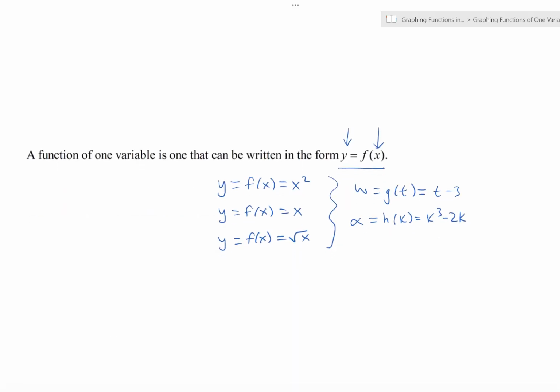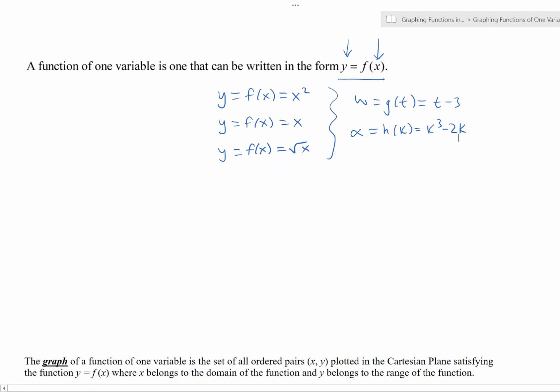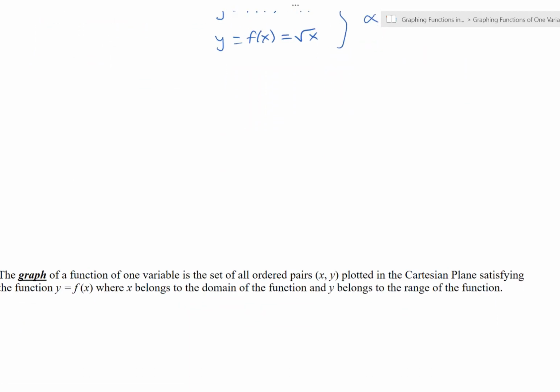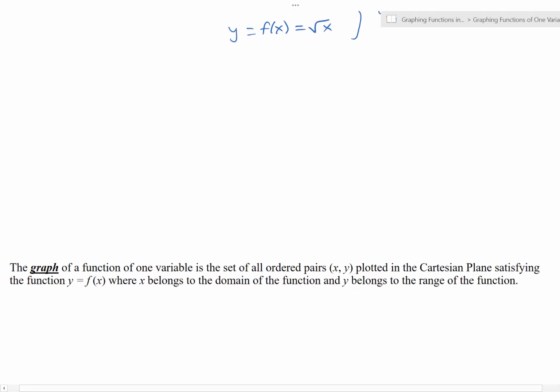So let's refresh what the graph of a function actually is. As we see right here, the graph of a function of one variable is the set of all the ordered pairs (x, y) plotted in the Cartesian plane, satisfying the function y equals f of x, where x belongs to the domain of the function and the output y belongs to the range of the function.